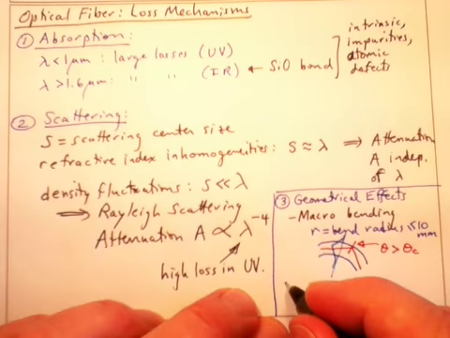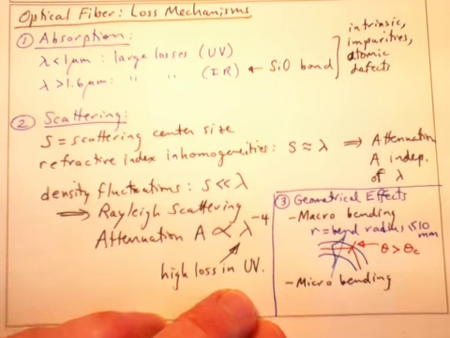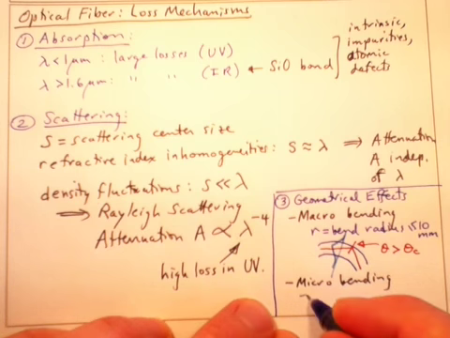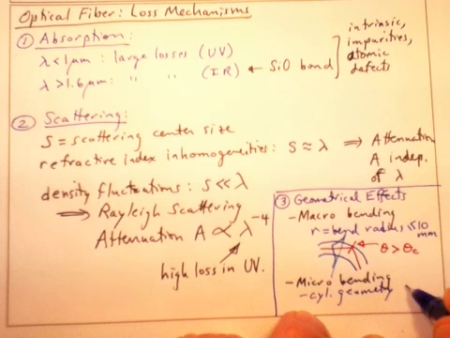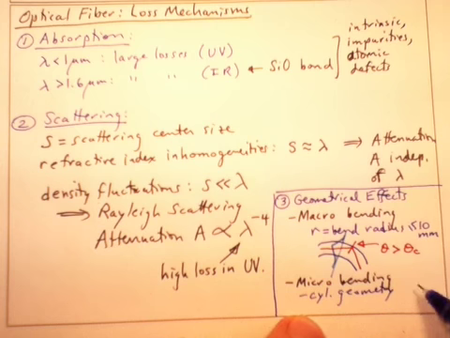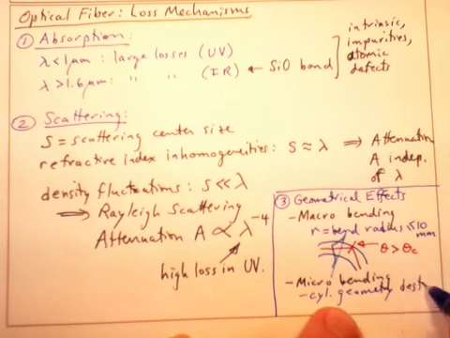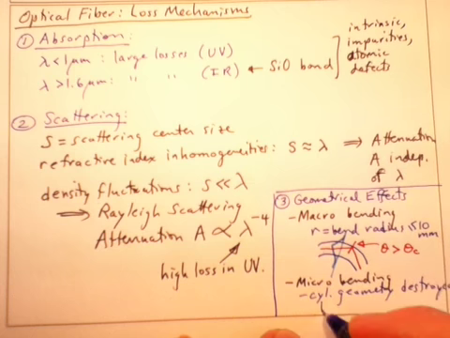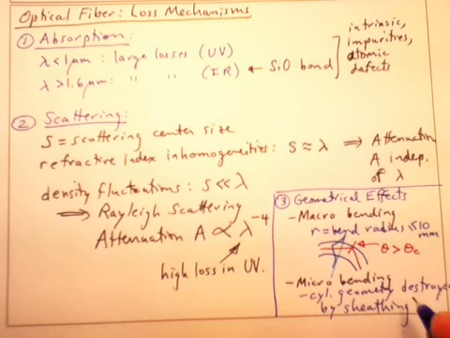Micro bending is a situation where, when you're creating cabling, you are destroying the cylindrical geometry. You get micro bends when the cylindrical geometry is destroyed by sheathing, called a tight buffer.